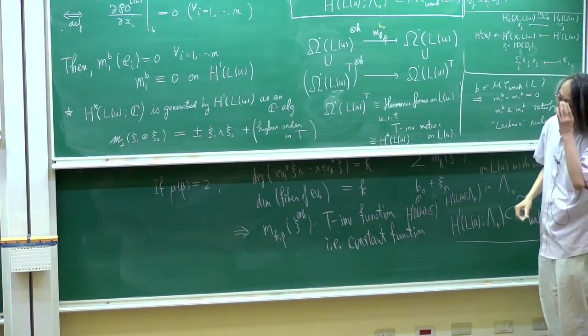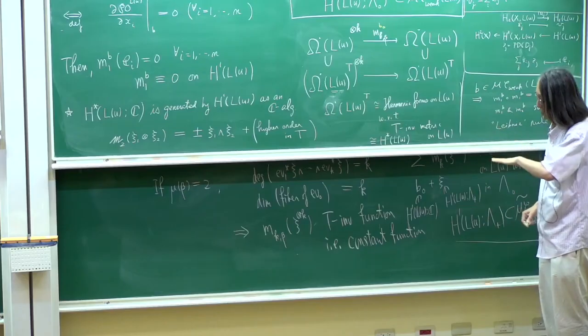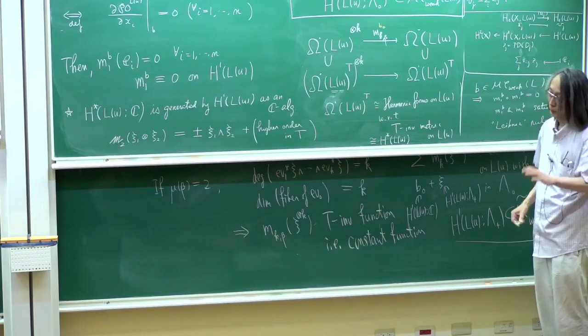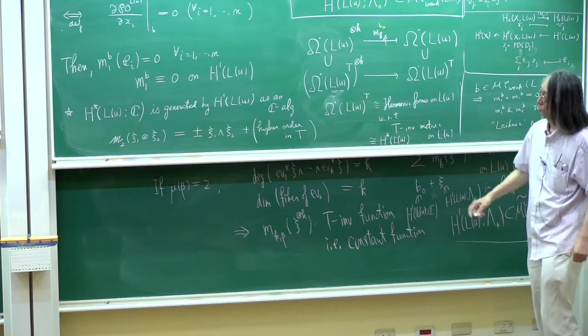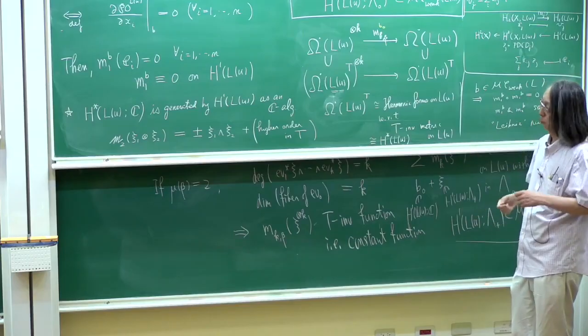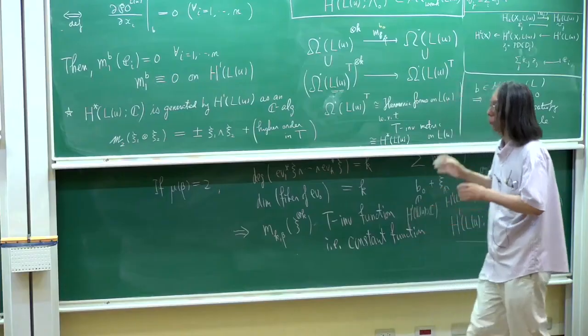So as I said, m_0^0 is equal to 0, and m_1^0 is the differential d, but m_2^0 is actually defined by using the moduli space of bordered holomorphic maps representing class 0, that is constant maps.